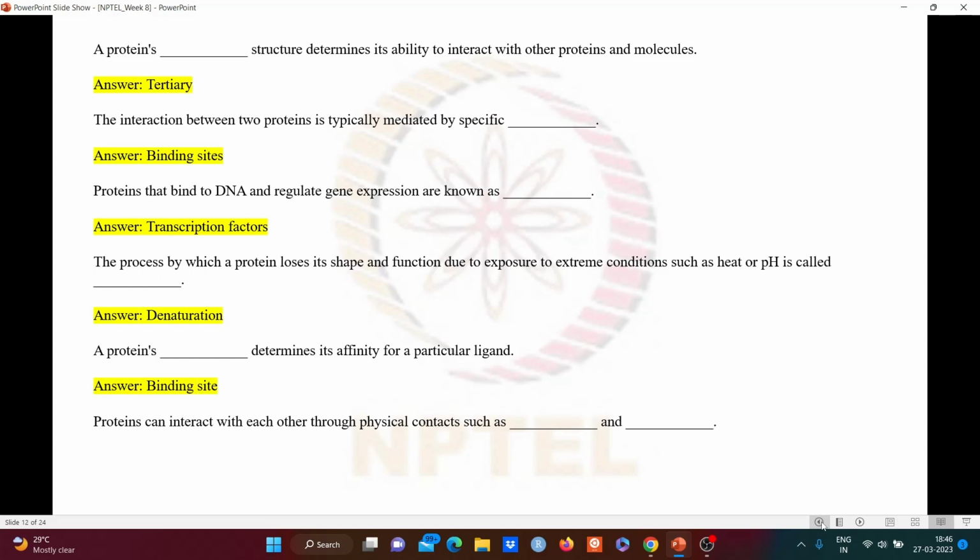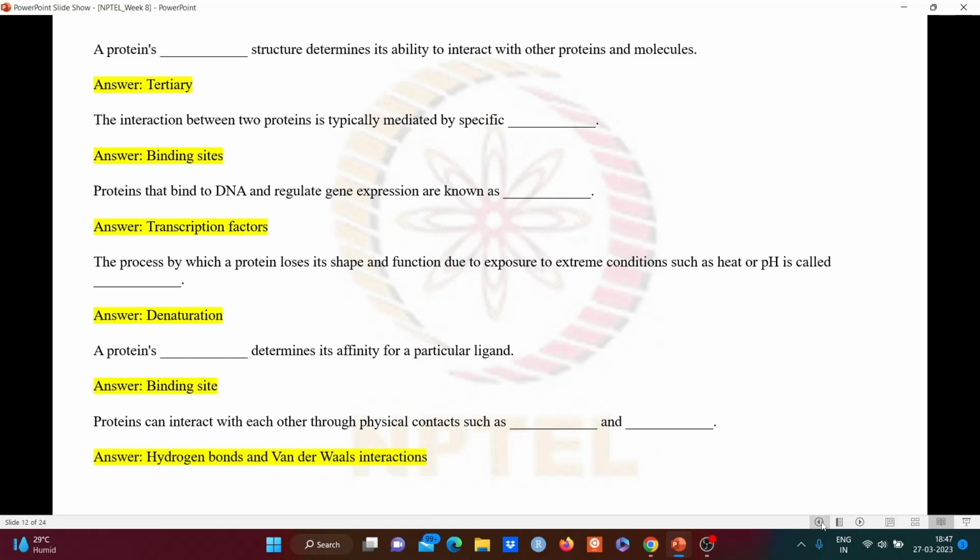So moving forward to the sixth one, proteins can interact with each other through physical contacts such as... Okay, yeah.